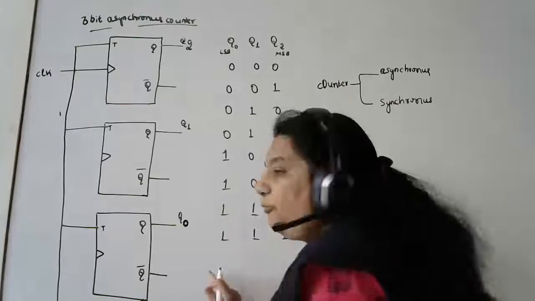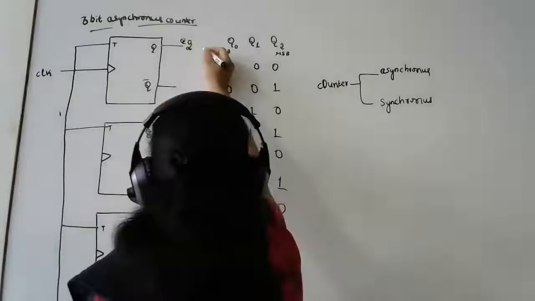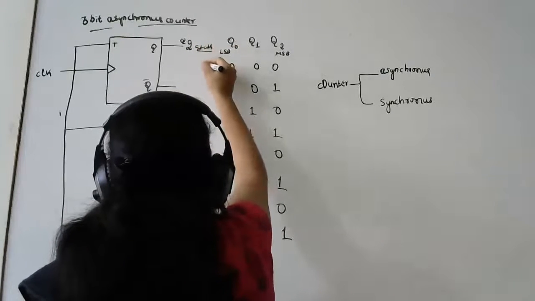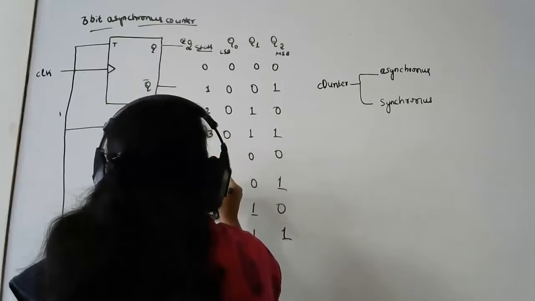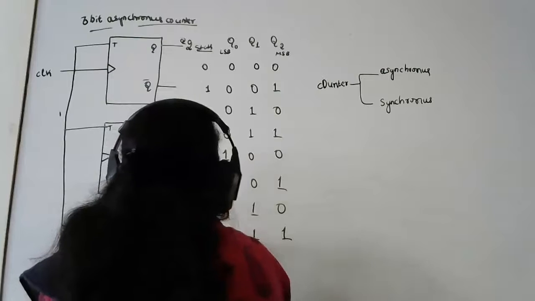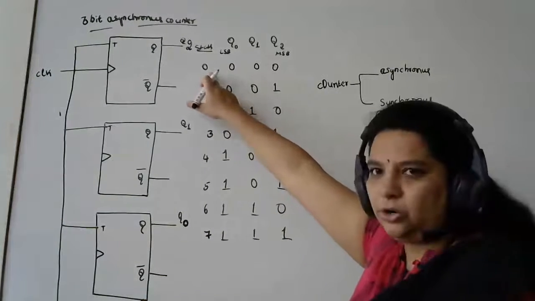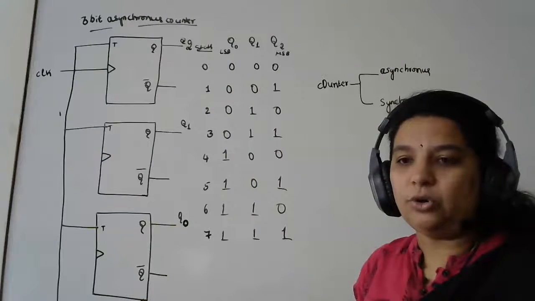Right? These are the states. So how many states altogether? It is 0, 1, 2, 3, 4, 5, 6, 7. So 0 to 7 is the counting sequence I want to count.